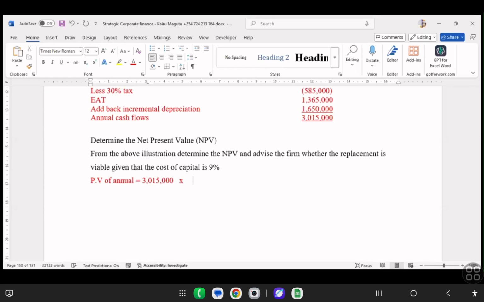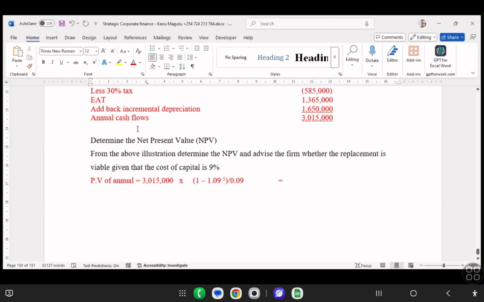This one we multiply by, we take 1 minus 1.09 power negative 5 years, because economically the project has 5 years. Power negative 5, close the bracket, we divide by R, divide by 0.09. That should give us the present value of the annual cash flow.